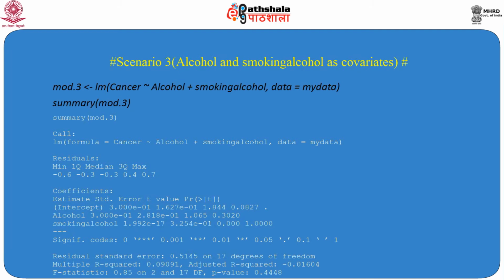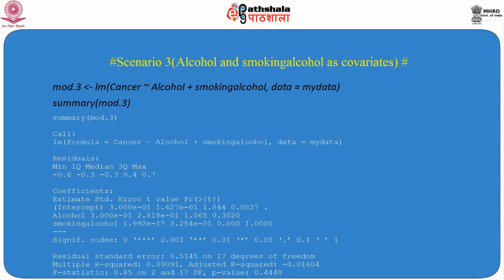Now we will go for scenario 3, where alcohol and smoking with alcohol are considered as covariates. So initially we considered alcohol, thereafter smoking and alcohol. Now we are considering alcohol and the factor smoking with alcohol. Here we can see that again the residual started from minus 0.6 to plus 0.7, and the intercept estimate is 0.30.